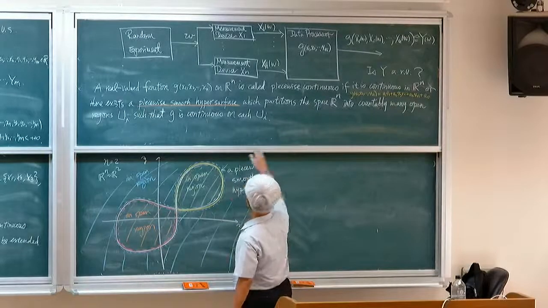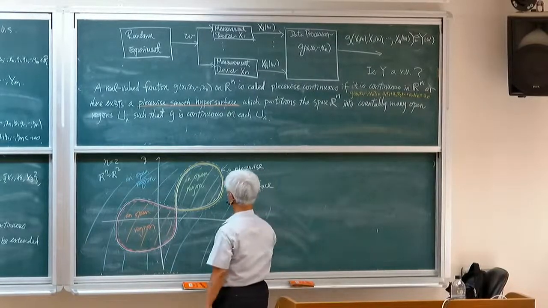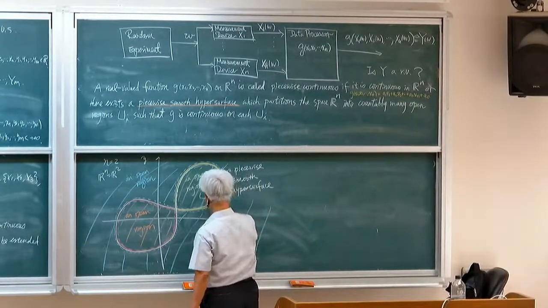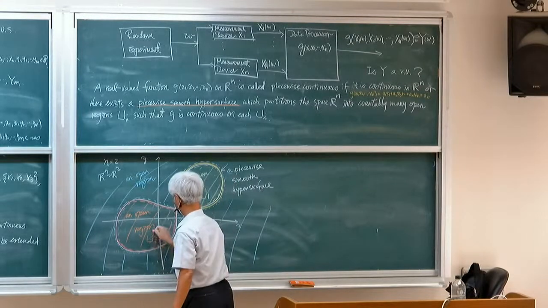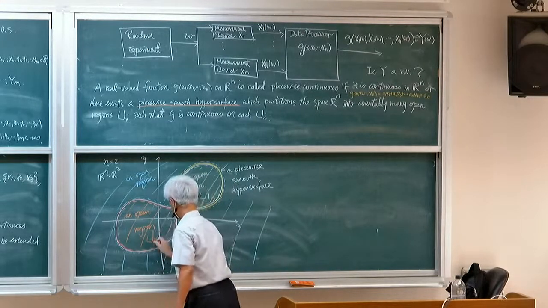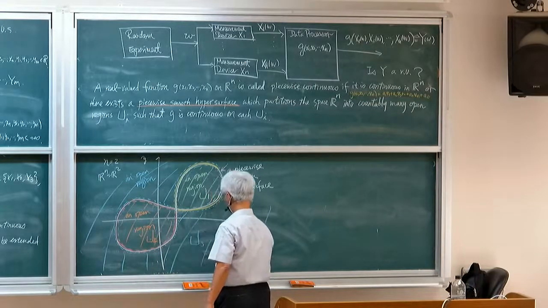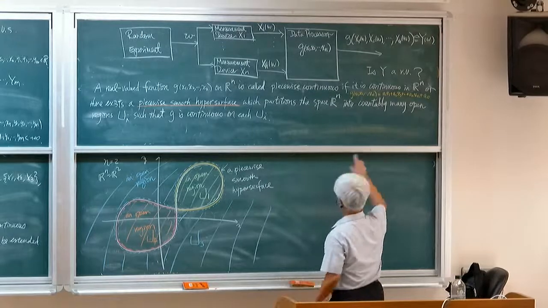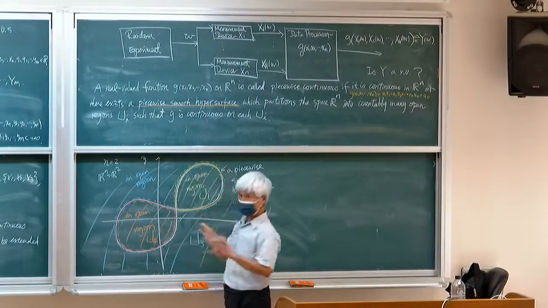And then the function g. This would be U1, this is U2, and here you have U3. Over each Ui, g is continuous.